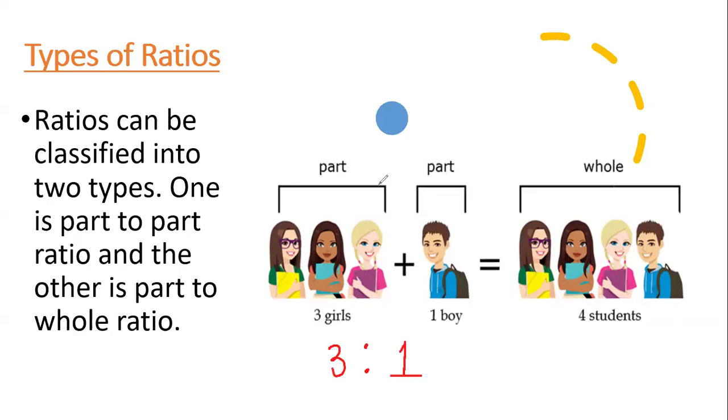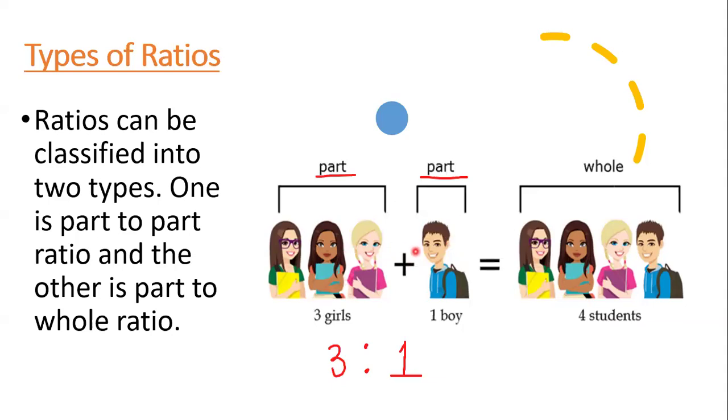So this is part to part. Can someone tell me why it is part to part? Because the 3 girls is single and the boy is single too. Very good. Because when it comes to part, we're talking about how one entity relates to the other entity, and these two entities are basically equal.